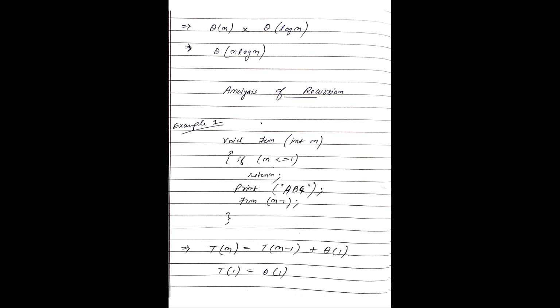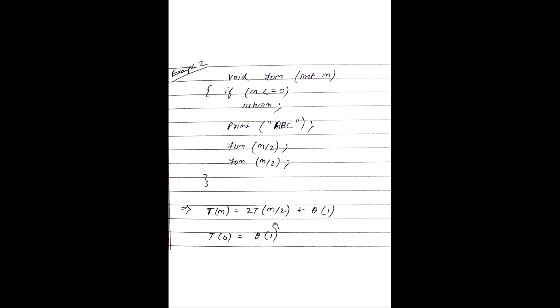Coming to our second example, we have a void function. The base condition here is n less than or equal to 0. For example, if I run it with int n equals 10, it will print abc for 5 times, because 10 divided by 2 is 5.